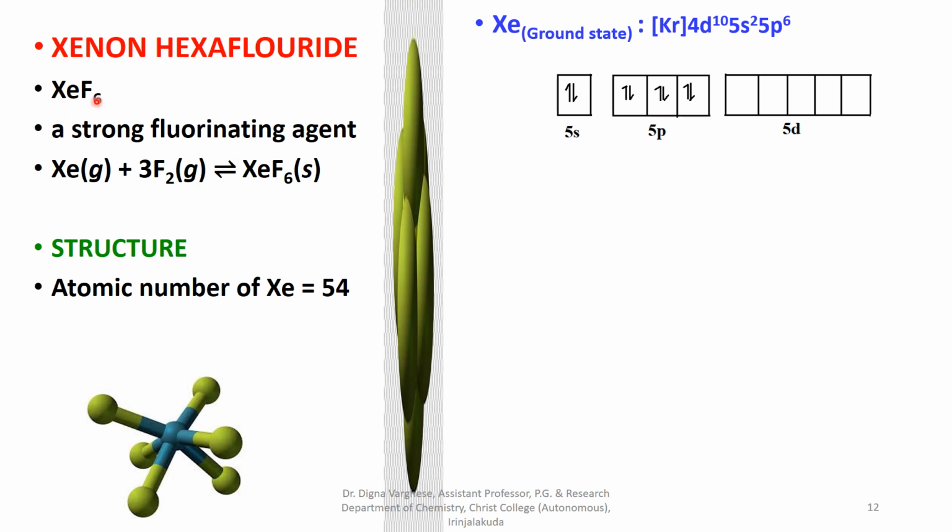There are 6 Xe-F bonds in xenon hexafluoride, so there should be 6 unpaired electrons available for forming 6 bonds with the 6 fluorine atoms.